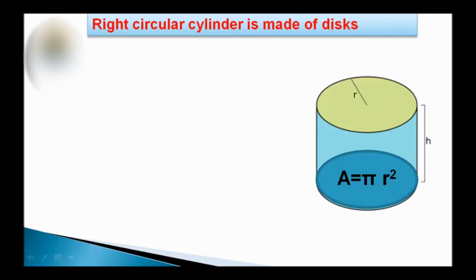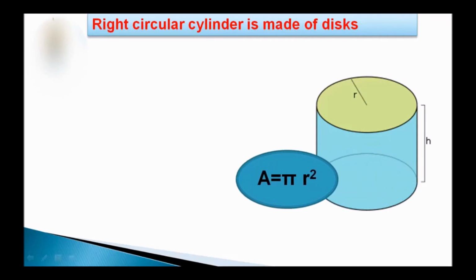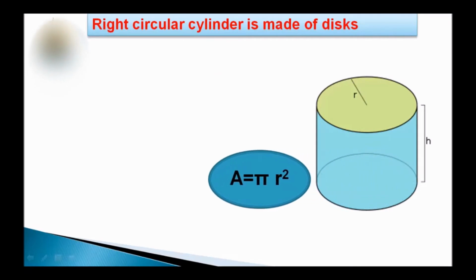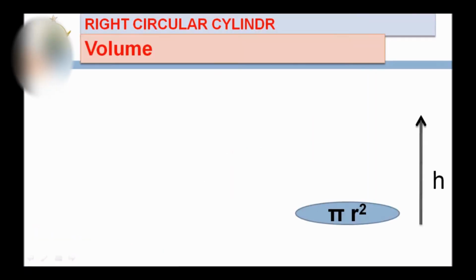Now, as we have already learned in previous lesson, right circular cylinder is made up of several discs. So if we separate one disc, then the area will be pi r square. Now see this concept.